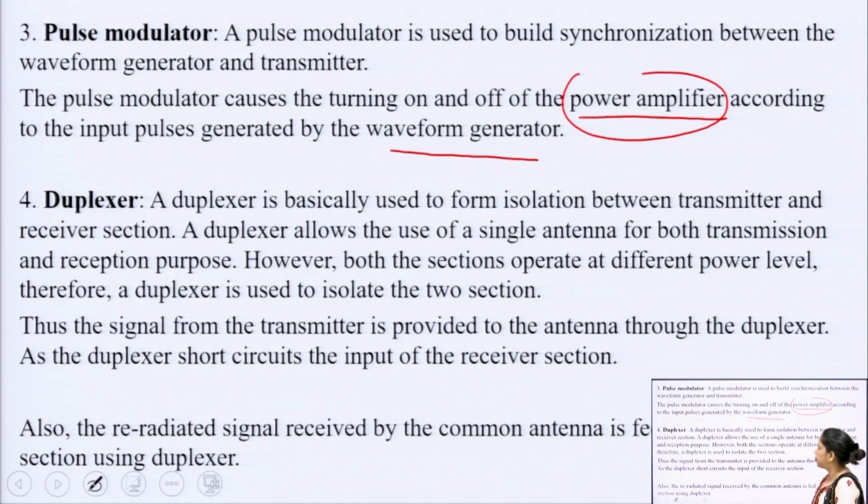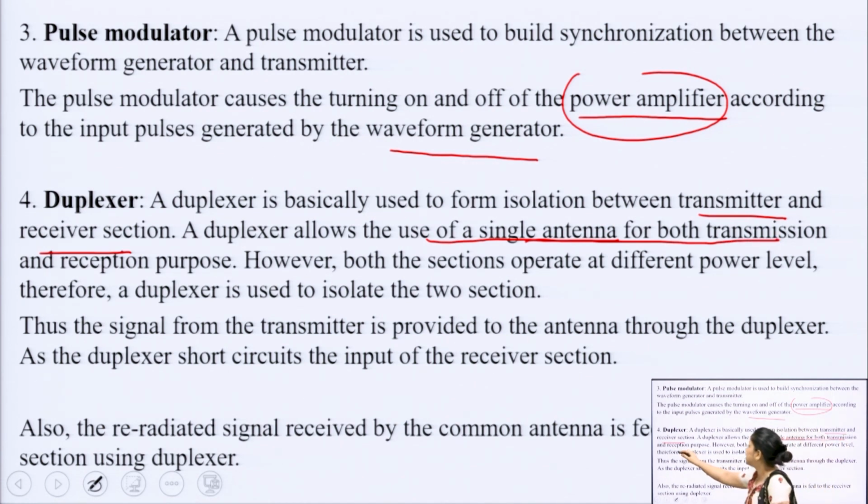Now, the function of the duplexer. The duplexer is used to form the isolation between the transmitter section and the receiver section, and it allows the use of a single antenna for both transmission and reception.